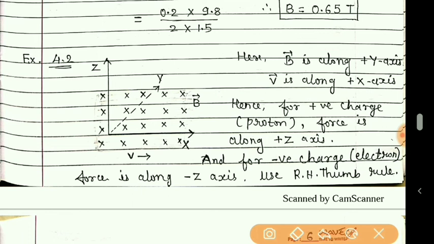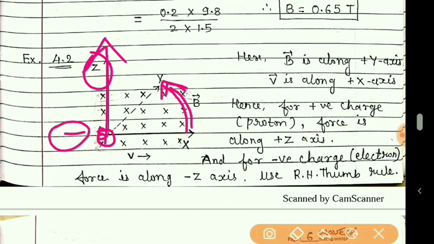You have to simply curve your finger of right hand from V towards B, that is from x axis towards y axis. So curve your finger from x to y axis in this way. Now the thumb shows the direction of the resultant force, and so the force on the positive charge will be along the positive z direction. But if the charge is negative, then simple, it will be reverse.